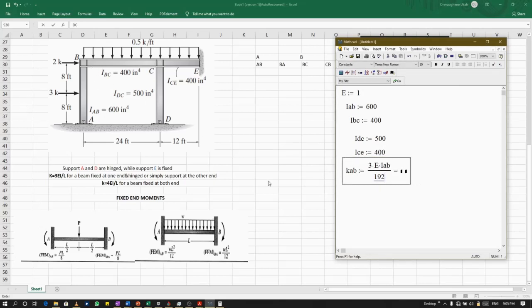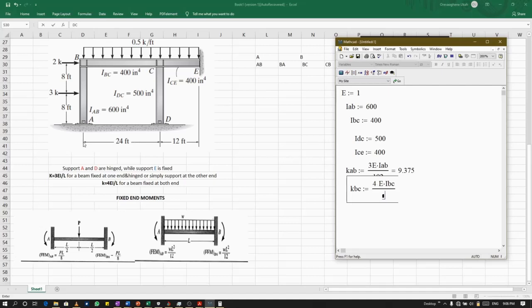All right, so we're going to get our stiffness factor for BC, KBC. You can say that BC is fixed at both ends. So I'm going to be using 4EI over L. So 4 times E times IBC.